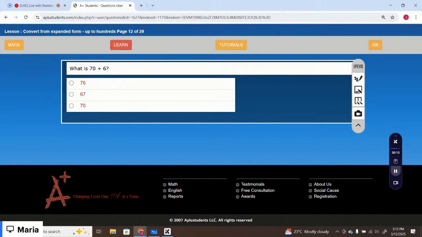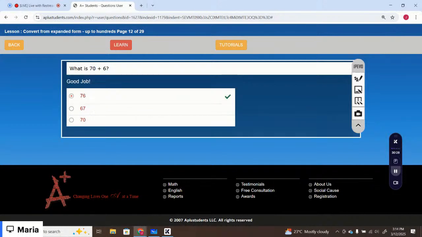What is 70 plus 6? That is 76. Option number 1 is the correct option.